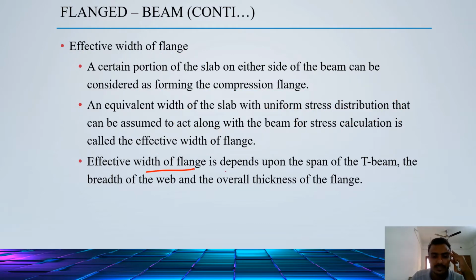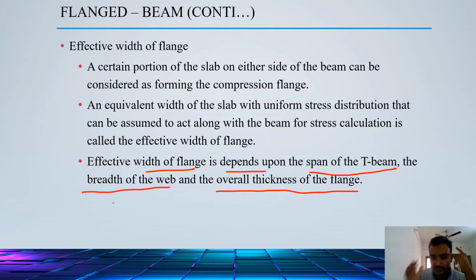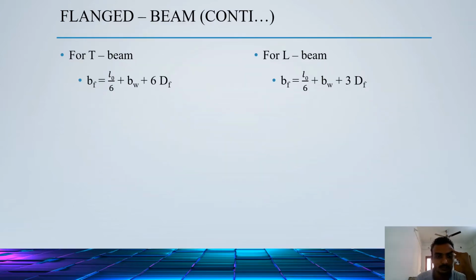The effective width of flange depends upon the span of T-beam, the breadth of web, and the overall thickness of flange. Look at here, here is the equation of effective width.